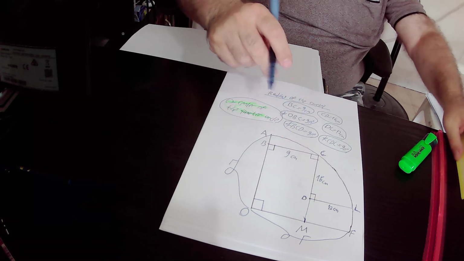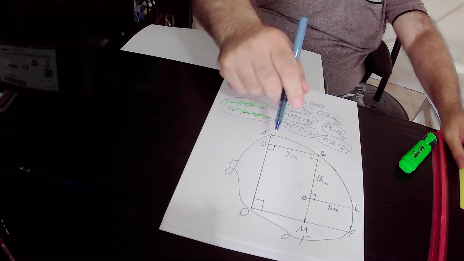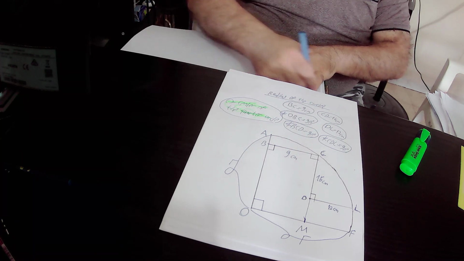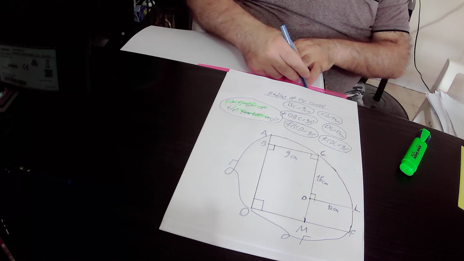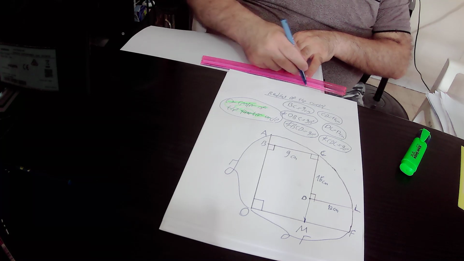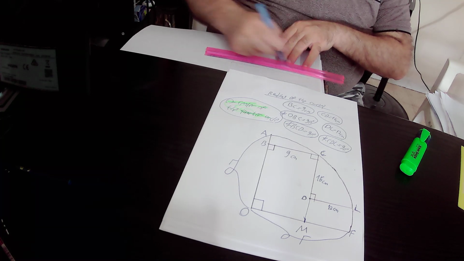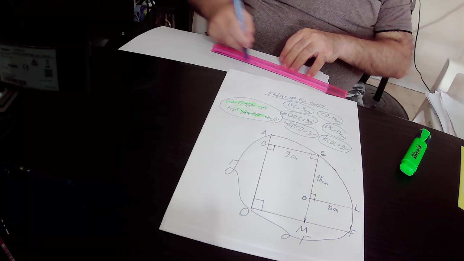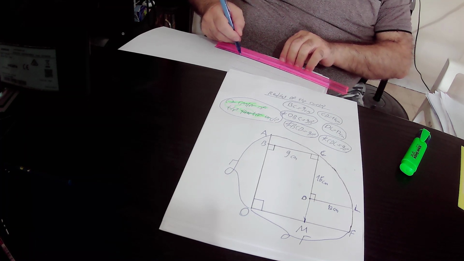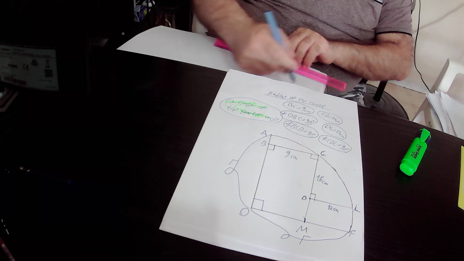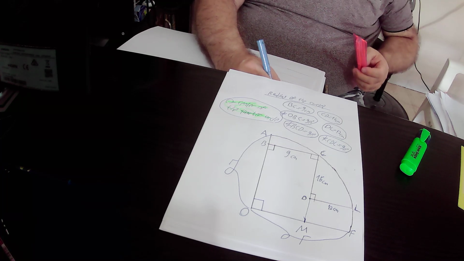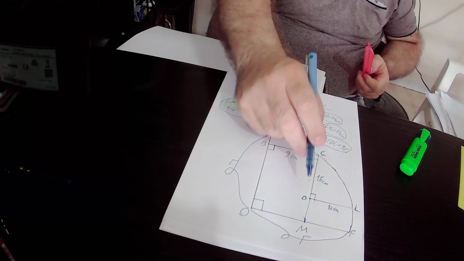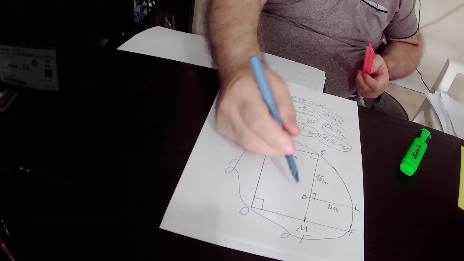I repeat again, in the quadrilateral BCOM, we have 3 right angles. And the sum of 3 right angles is 90 times 3, which is 270 degrees, plus the size of the fourth angle, that is actually angle DMO.